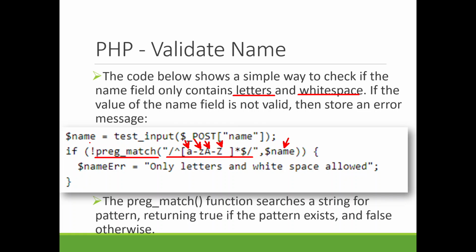So here we are negating. If it contains only A to Z and capital A to Z, it's going to return true. So we are negating using the not operator. If that is not true, then we are going to save the error: only letters and white spaces are allowed.